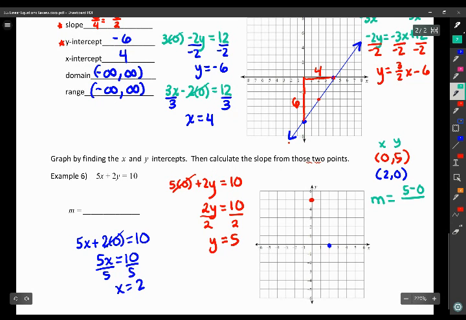And you just have to keep it in the same order. So then 5 minus 0 is 5, 0 minus 2 is negative 2. And so they're saying, oh, then I can find my slope is negative 5 over 2. Which, notice, this is down 1, 2, 3, 4, 5 over 2. So we can find it the same way as if I just counted it.